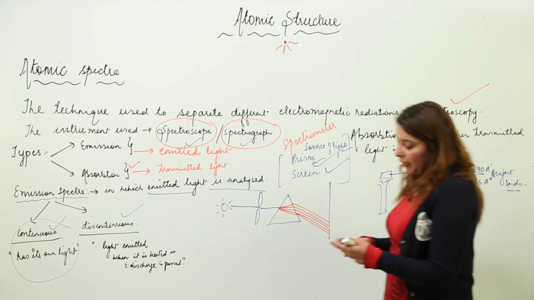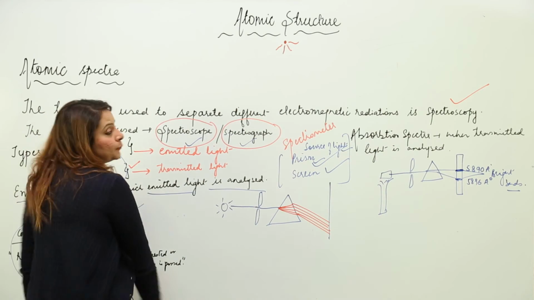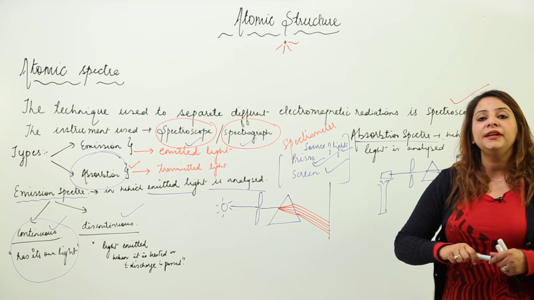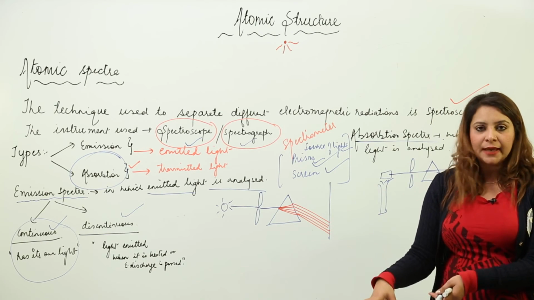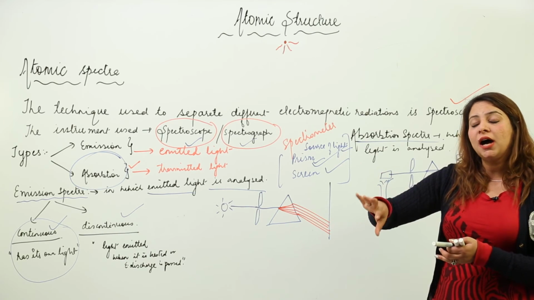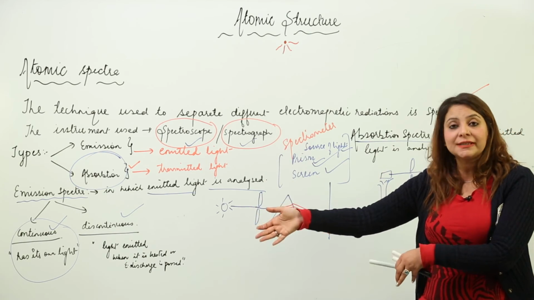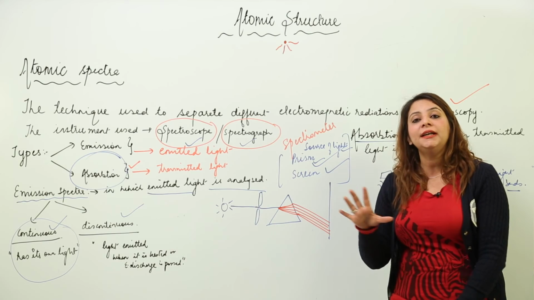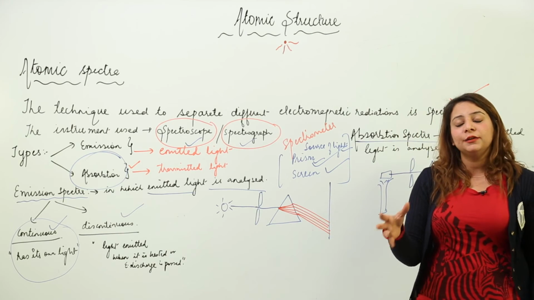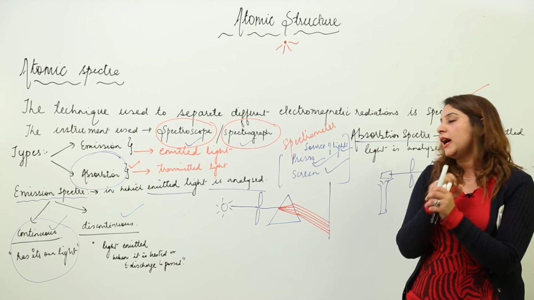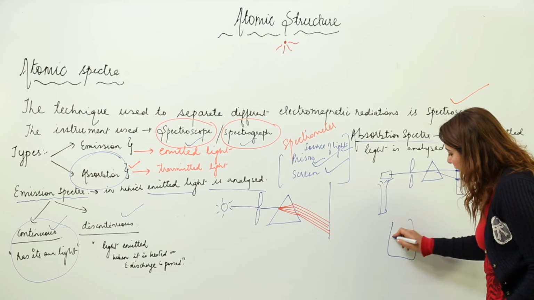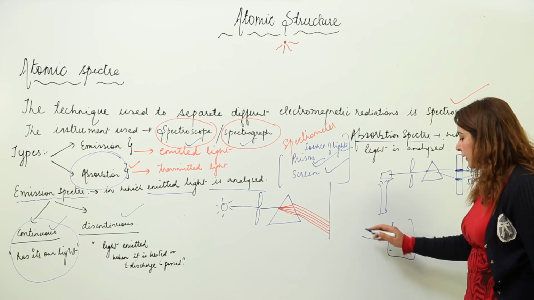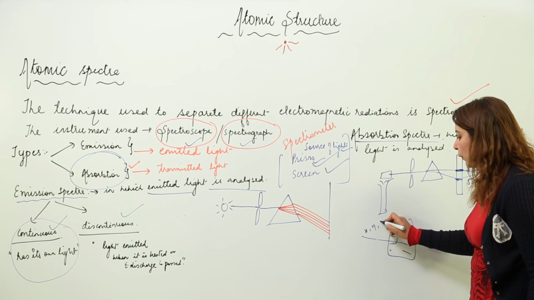Now moving on to the other main category of spectra, absorption. As I told you, in absorption spectra we pass radiation through a certain sample, and whatever radiation is left after absorption is called transmitted light. Suppose I have this solution and I pass radiation that is a combination of X, Y, Z radiation.